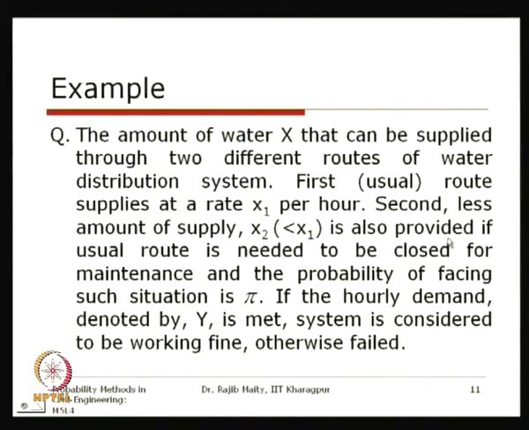The second route is used if the usual route needs to be closed for maintenance or any other reason. The probability of facing such a situation, where I am using the alternate path, is pi.